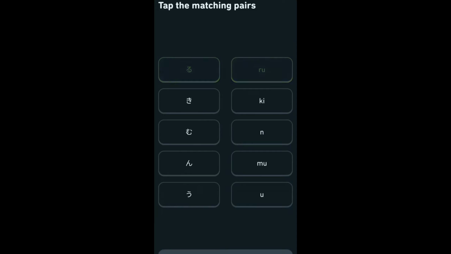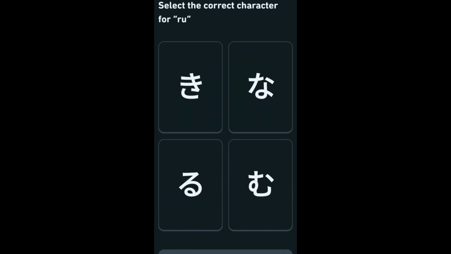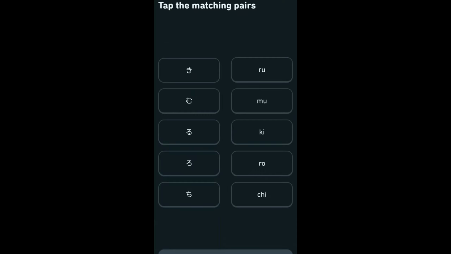Ru and ki. And then mu, that's a new one. Don't worry about that. And u. So this is ru. This is a new one actually. So what is ru? And then what is ki? And then this is mu. What is this one? Ru, right?